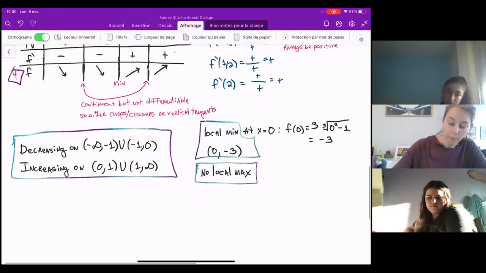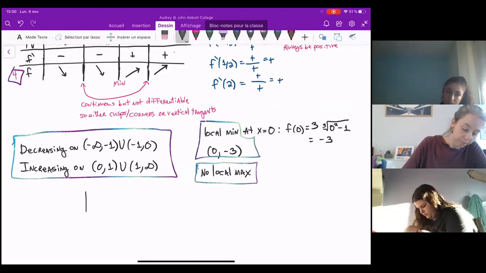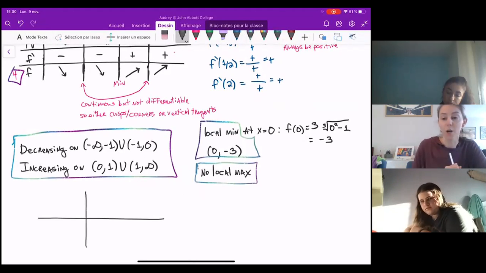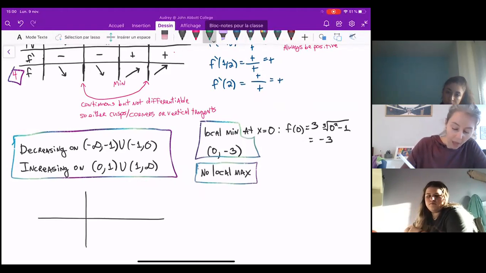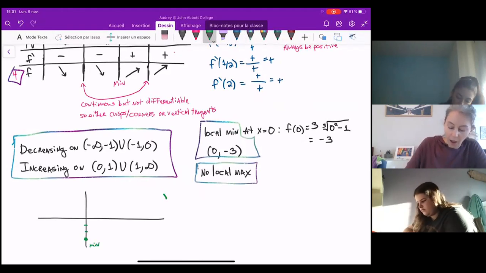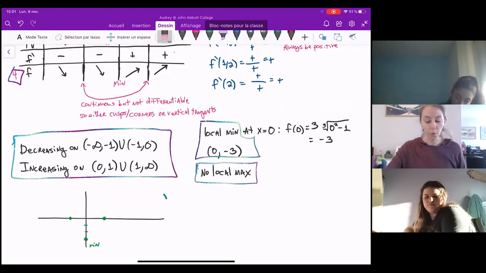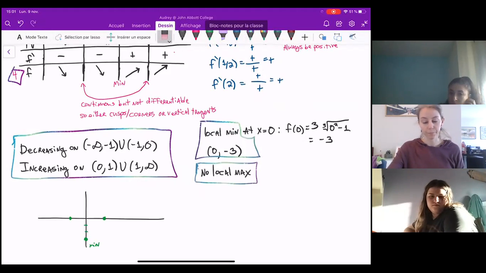So right now, what I have is 3 points that I know 100% are on this thing. I know, for example, that 0, negative 3 is a min. I also know that negative 1, 0 and 1, 0 are either cusps, corners, or vertical tangent lines.